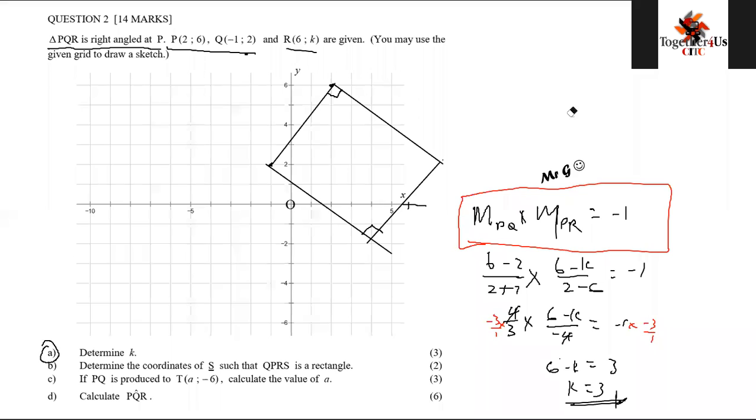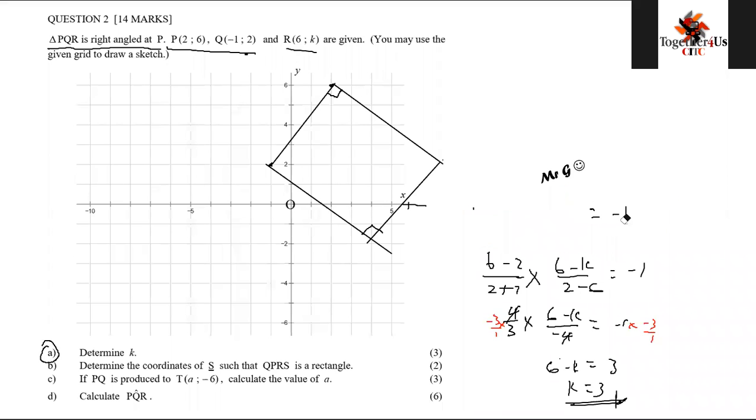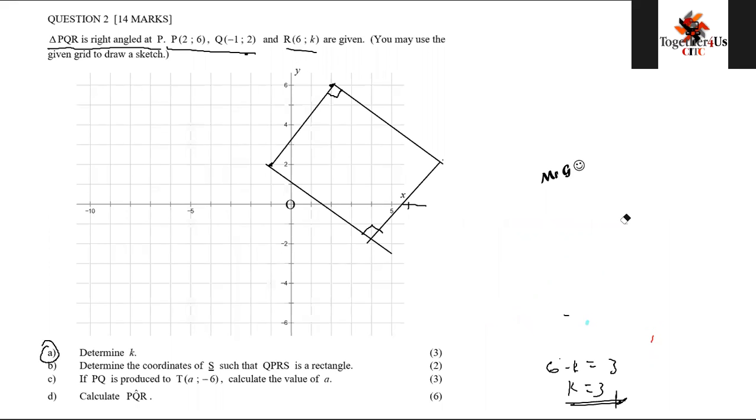So what we could have done here is to use that fact, or another fact we could have used is that the diagonals of a rectangle bisect one another. So that's another way you could have tried. But let's try this one because it seems to work quite easily.